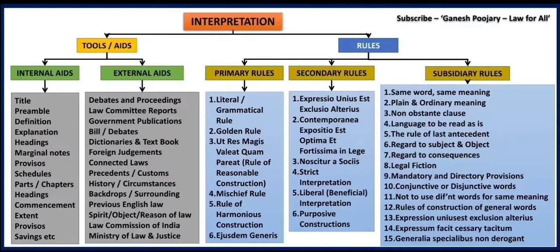It can be debates and proceedings which happened in the parliament while passing that act, or the law committee report which has brought the bill of that particular act, or the government publications related to that particular statute, or bills or debates that happened on that particular statute, or dictionary meaning or textbook meaning of that particular word or whatsoever, the foreign judgments related to that, or the connected laws.